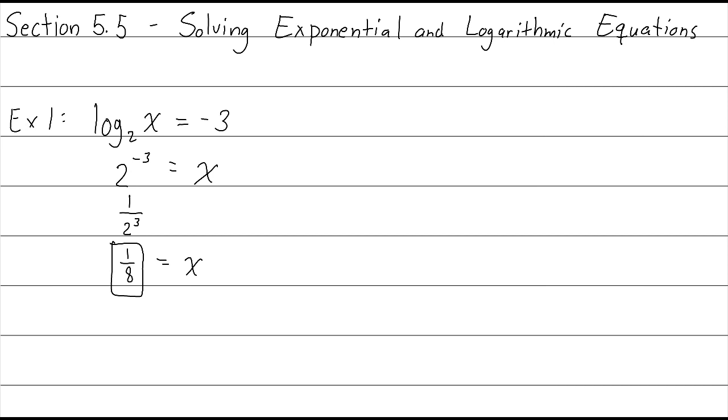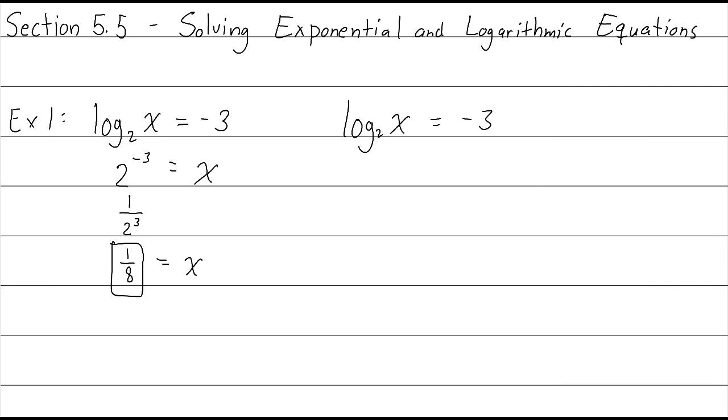Let's do this another way, and the more useful way long-term, depending on the problems you come across later, is to use its inverse. Like in the previous video, we put logarithms on both sides.